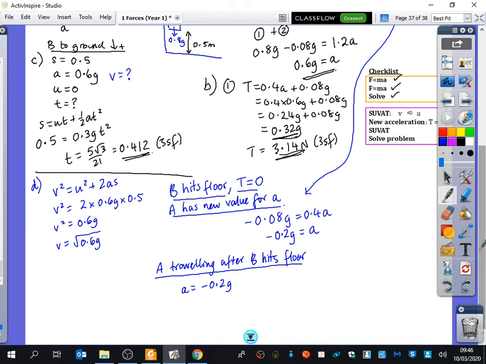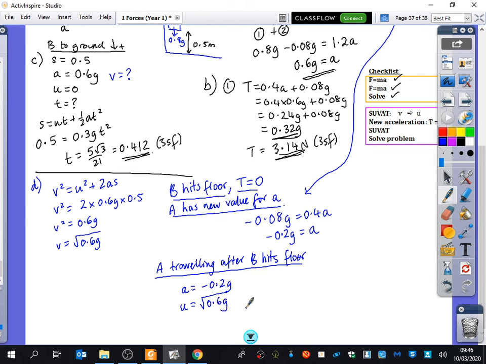What other values do you think we know about? Mabel, are there any other values we know for this last bit of suvat here? Do we know what its initial speed is? Yes, the last speed. Good, it's the previous one's v. So the previous v has now become this one's u, which is 0.6g.